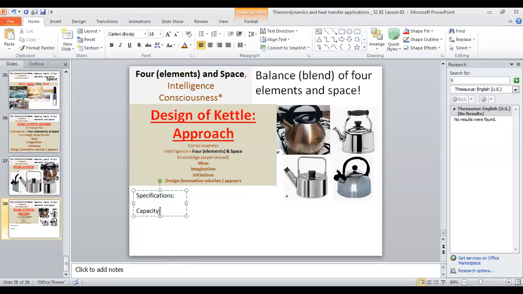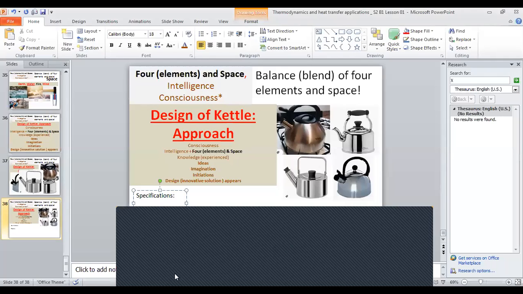This is related to space, which means you need to do the space configuration. That's the first thing. You should do the space configuration first.